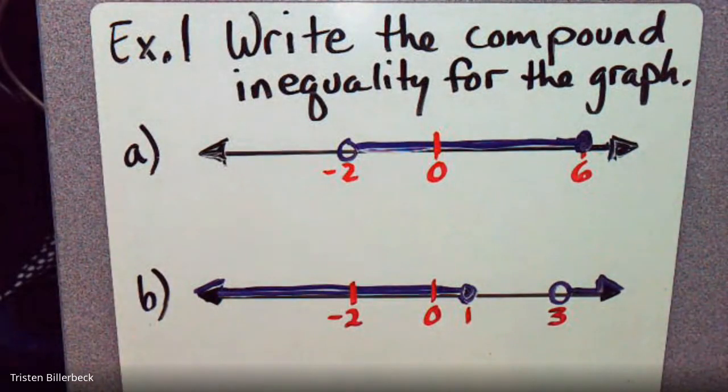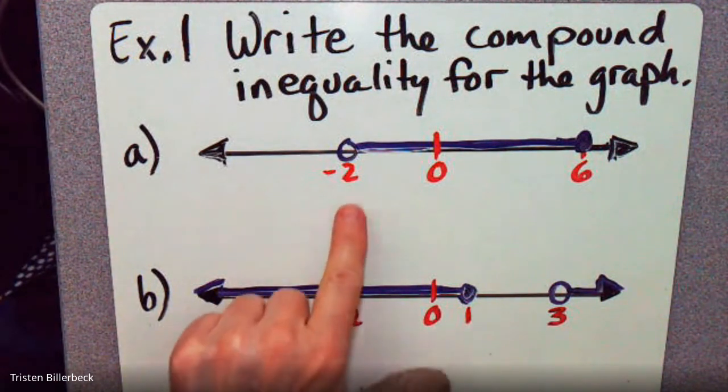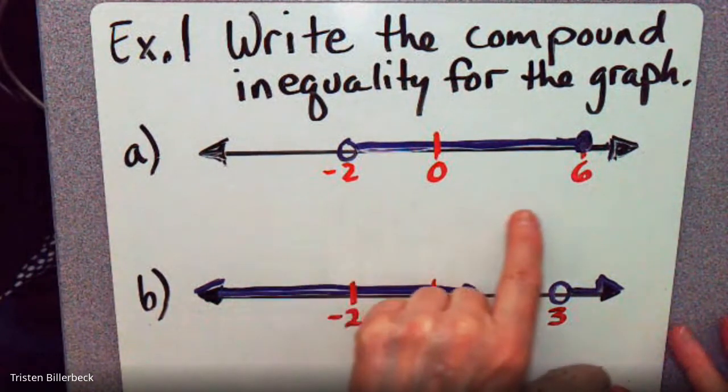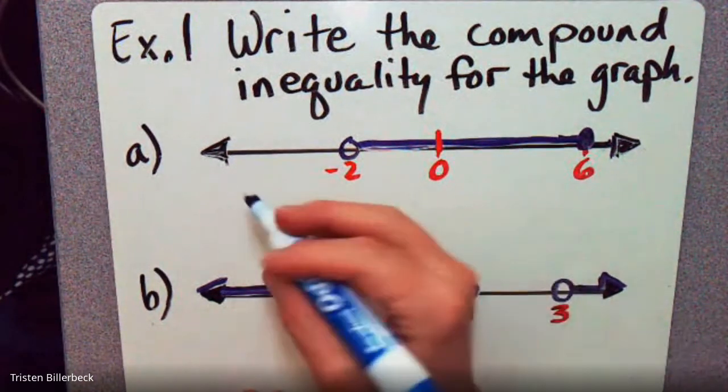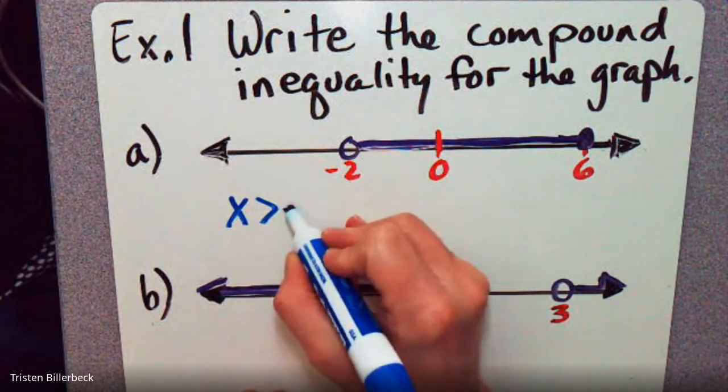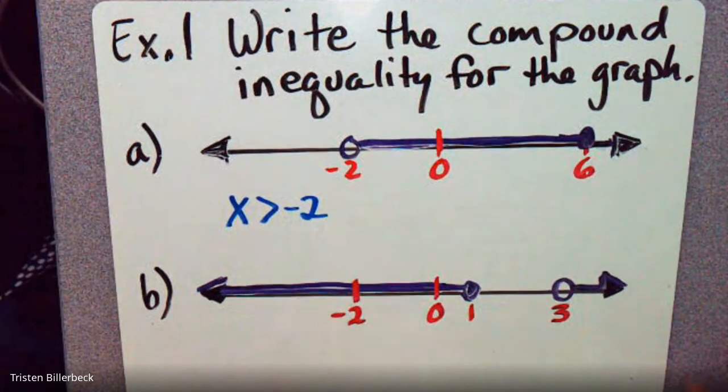All right, so let's take a look at how we would write a compound inequality for this graph. So we see we have an open point here at 2, and we see that x is greater than 2. So we can have x is going to be greater than negative 2. So we see that.